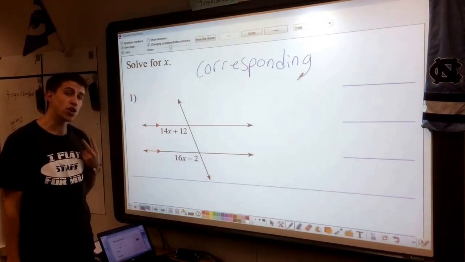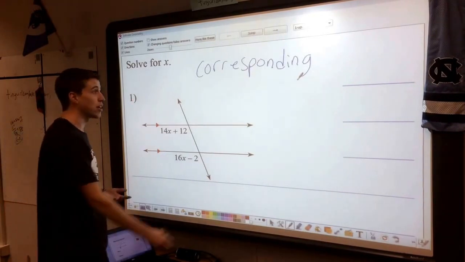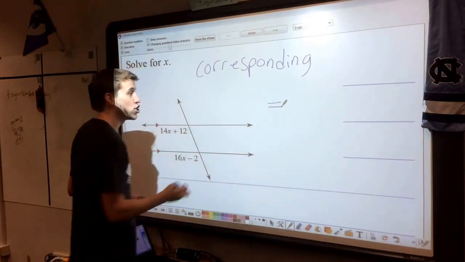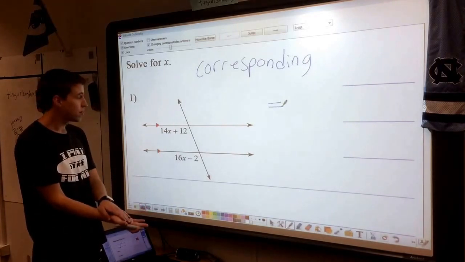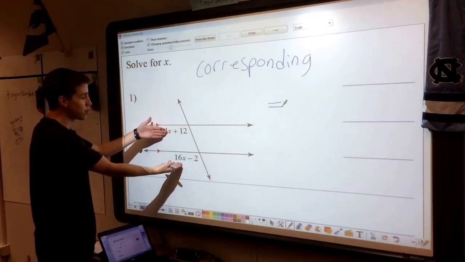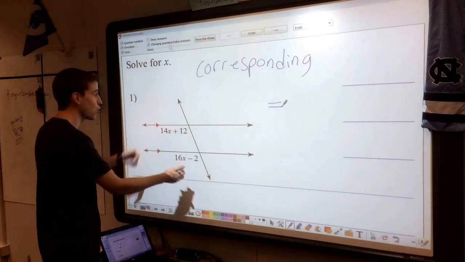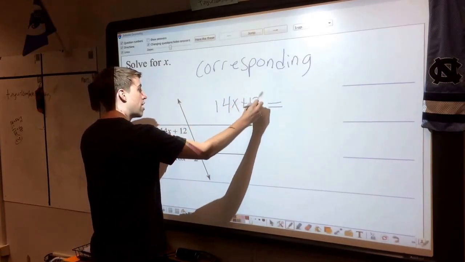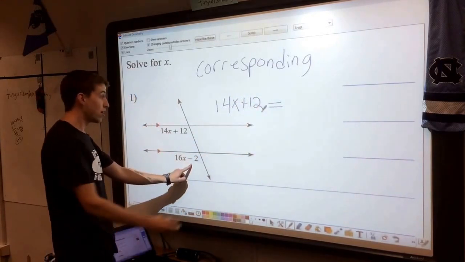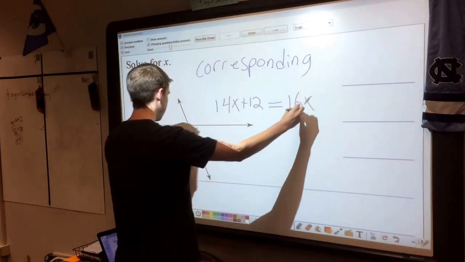When two things are congruent in geometry, we're allowed to just set those two things equal to each other to solve. So since these two angles are corresponding and they are congruent, we will take the first angle and we will set it equal to its corresponding angle.